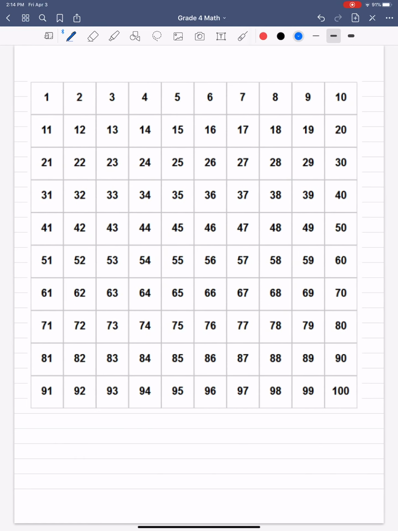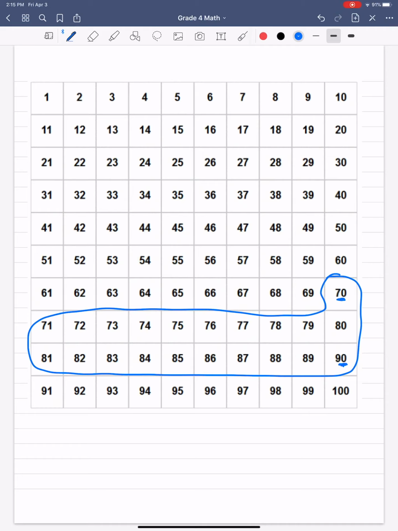So, using a hundreds chart, I'm just going to circle from 70 up to 90. So this is where they want to stop. They have to have at least 70, but they don't want to go above 90.